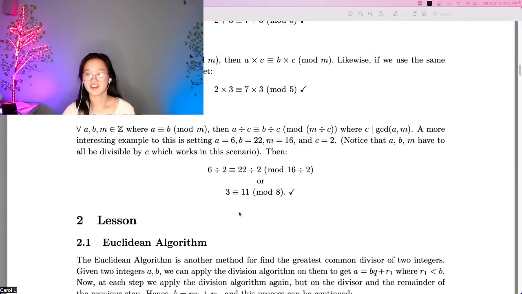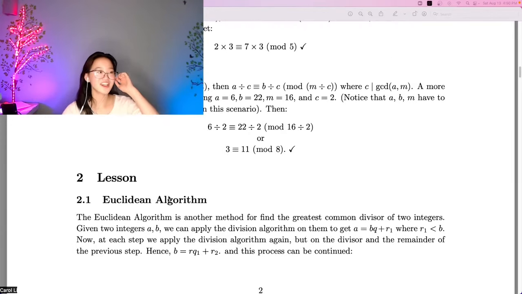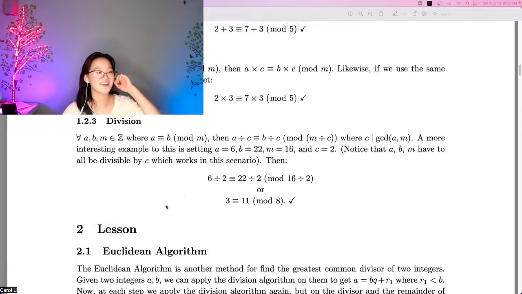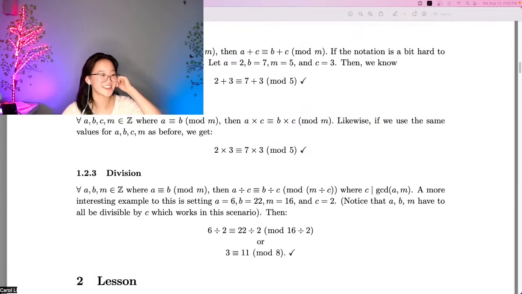So then the Euclidean algorithm. I'm just not going to scare you guys with the notation.